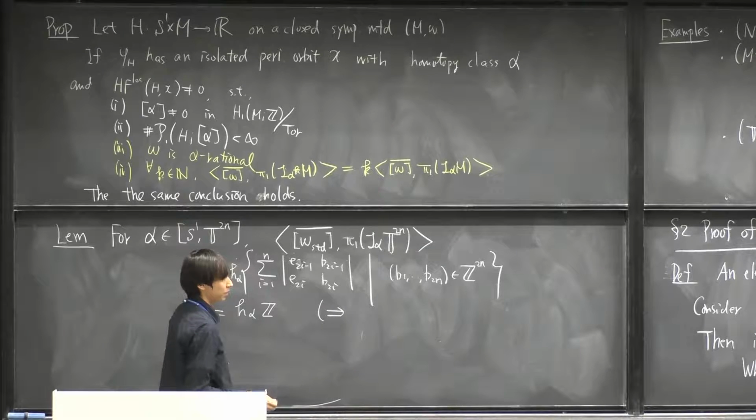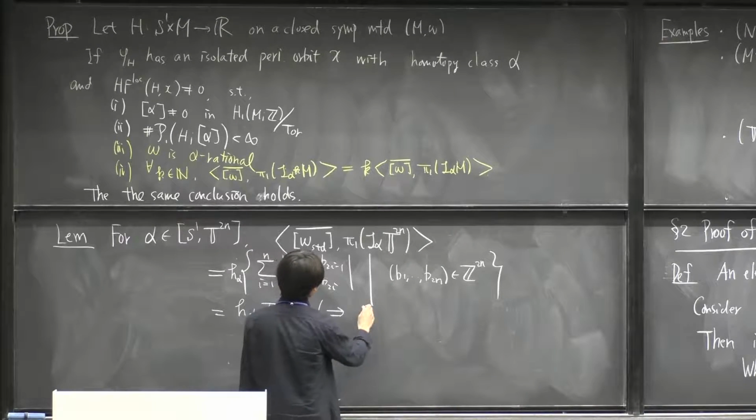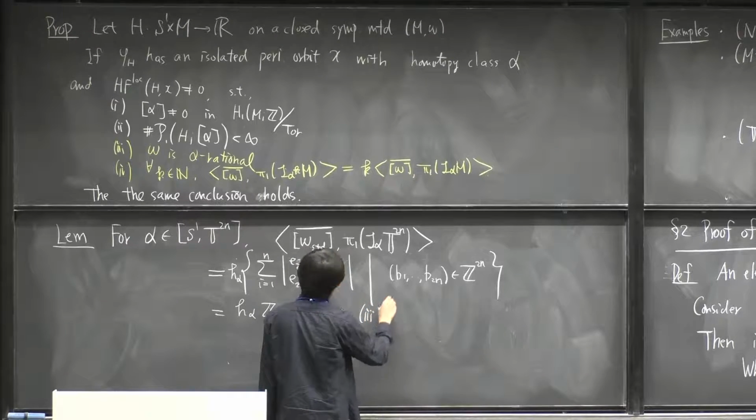Namely, this last equality shows that the standard symplectic structure on the torus satisfies the condition 3.